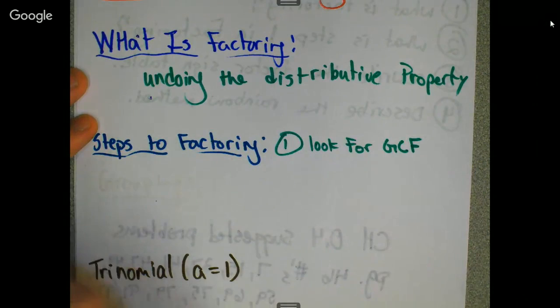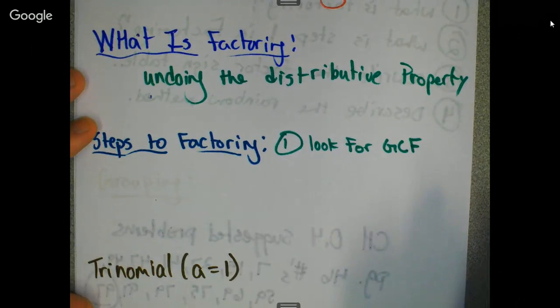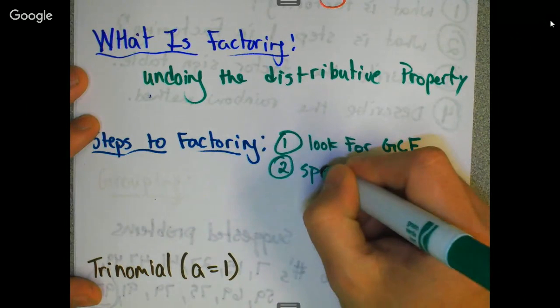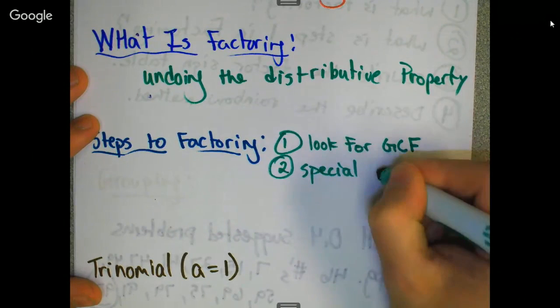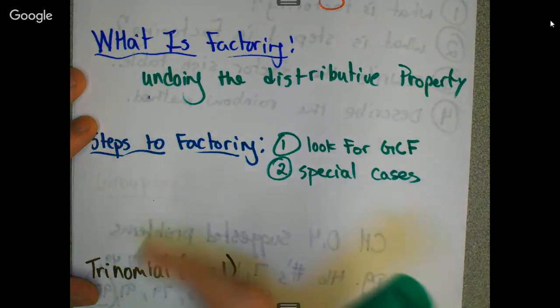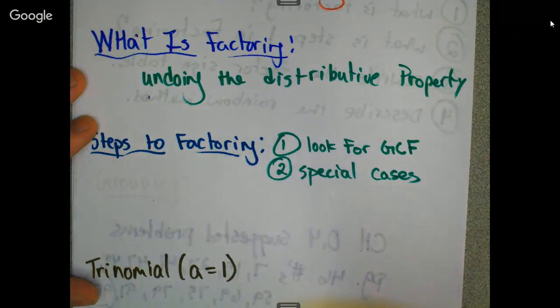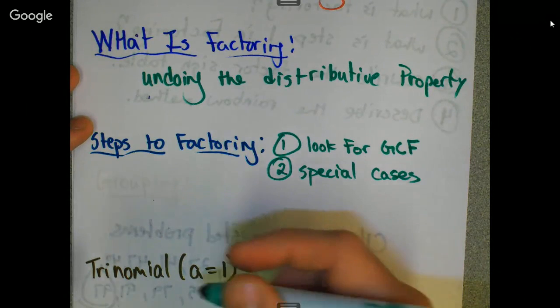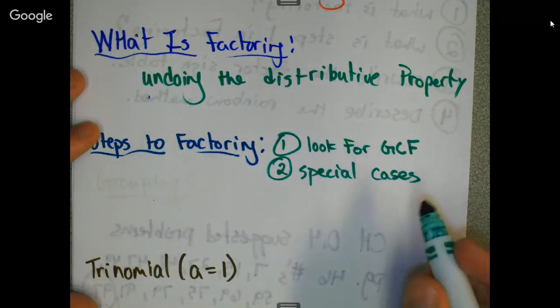If you don't, you're just going to make the problem much harder. Step two, you're going to look for special cases. We went over those in 0.3. I'll talk about them again briefly so that you can see those.